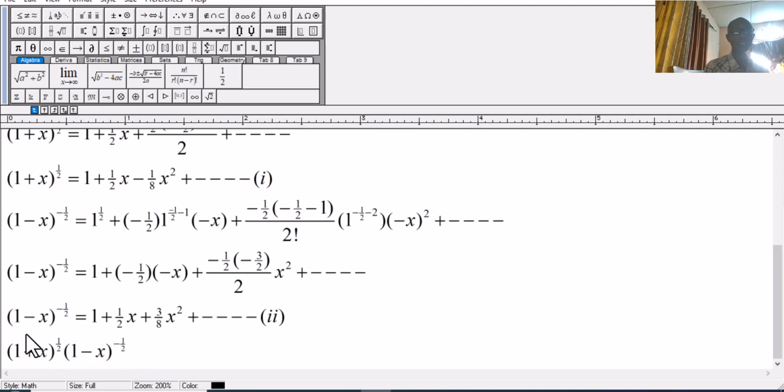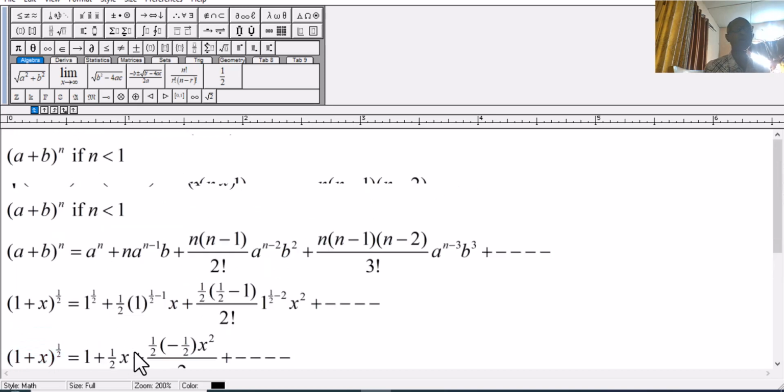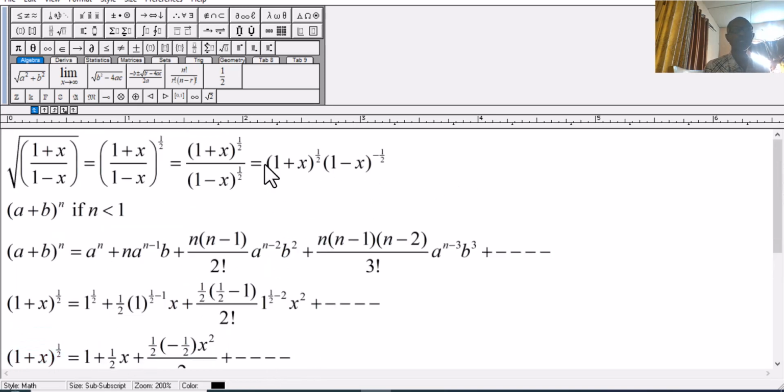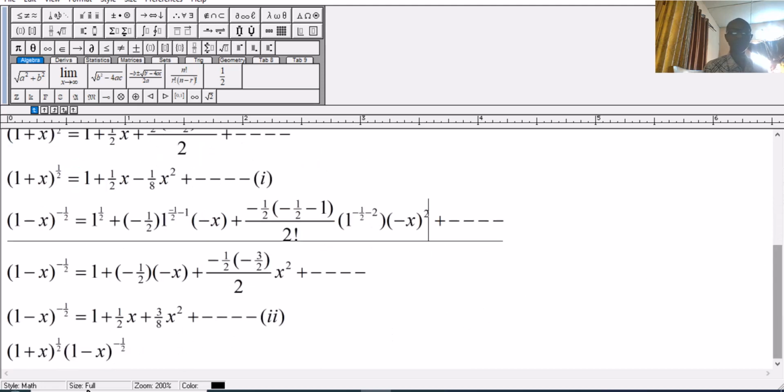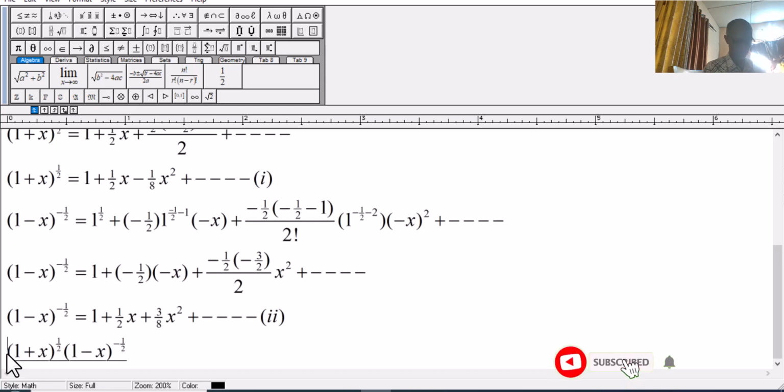Now, if you look at what we have here, it is the same as what we have at this place. It's still the same with this. So I can also copy this and paste it. So you can see it clearly now.